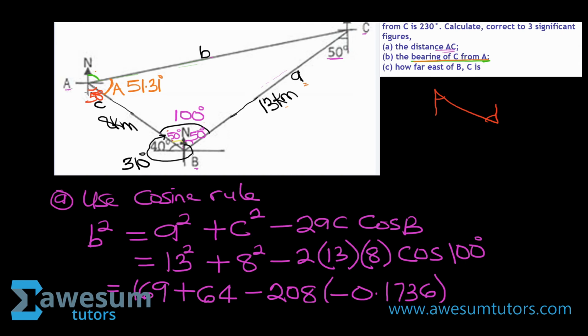You already know this angle, 50, and also we found this. That means finding this is easy because all these three angles form a straight line. So I will add this and this and subtract from 180 to get this bearing. Does that make sense, guys?